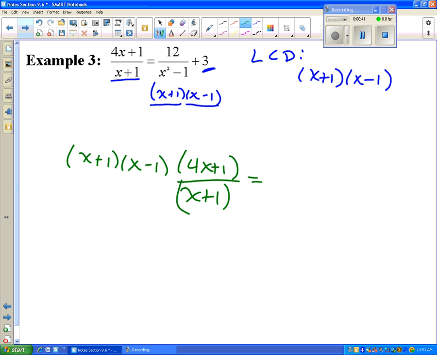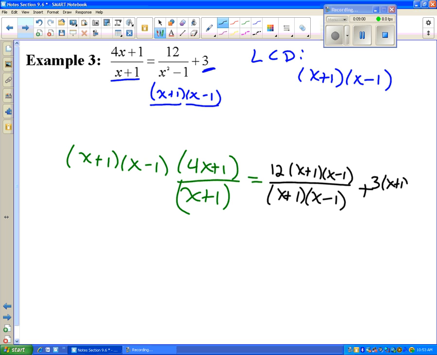On my right side, I'm going to do the distribution in my head and work it out, and I'm going to have 12 times x plus 1 times x minus 1 over x plus 1 times x minus 1, plus 3 times x plus 1 times x minus 1.